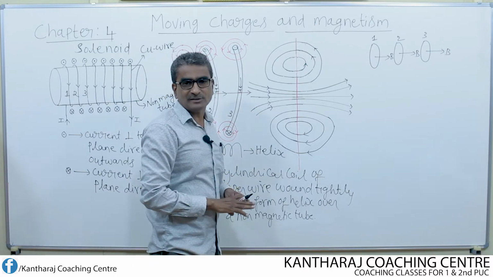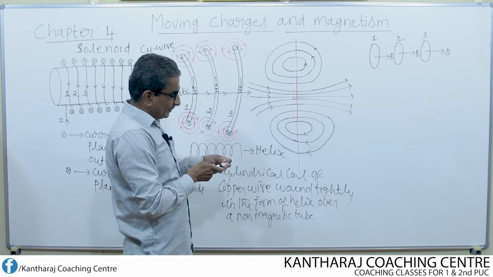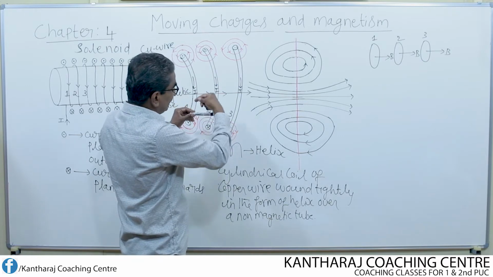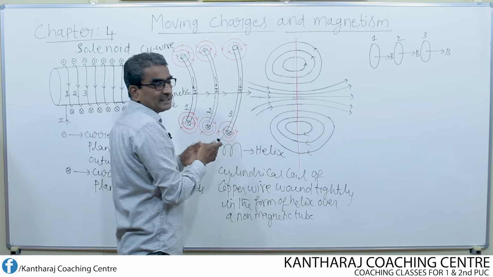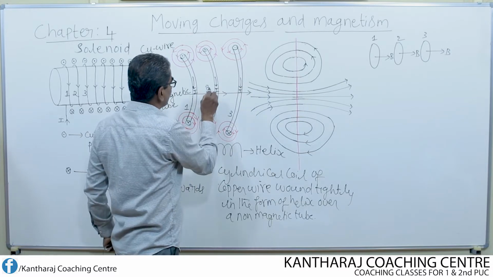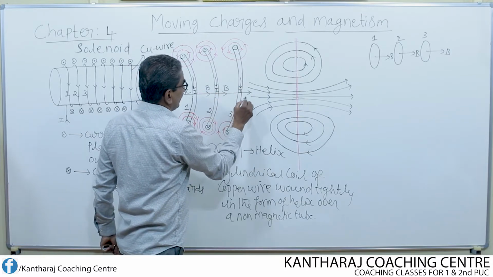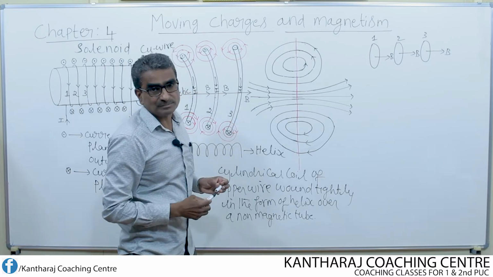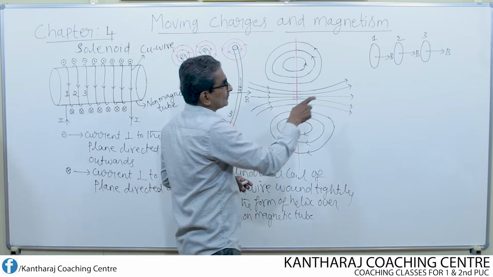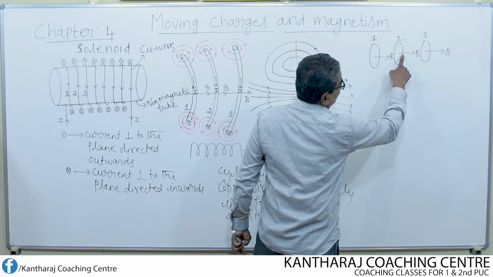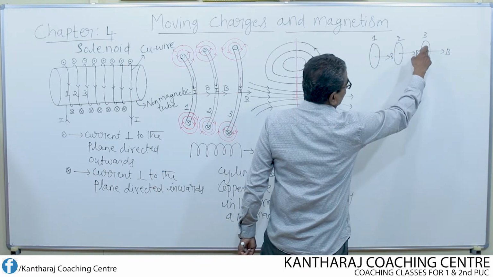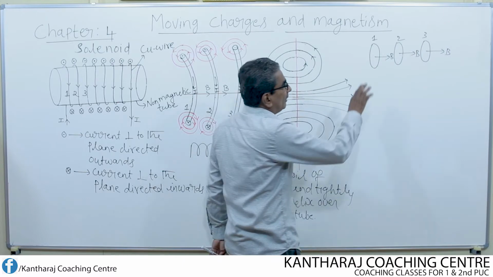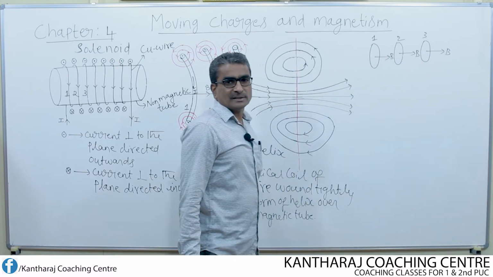Therefore, if you consider the entire solenoid, the magnetic field due to each of the turns, which are along the same direction, gets added up. So this field gets added up with this field. Turn 1 field is B, turn 2 field is B, turn 3 field is B. So all the fields get added up.